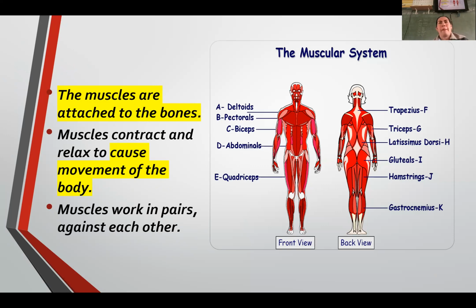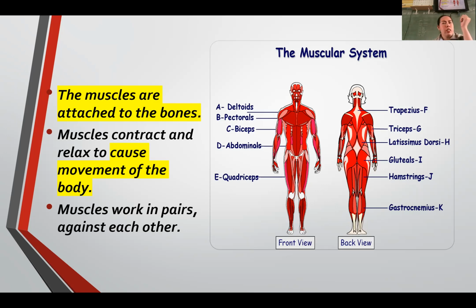Okay. So the first bullet is, the muscles are attached to the bones. Everybody repeat after me. The muscles are attached to the bones. Okay. So we know that the bones are tough and hard, right? And muscles are very soft.